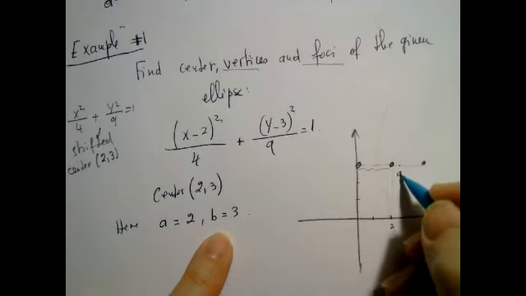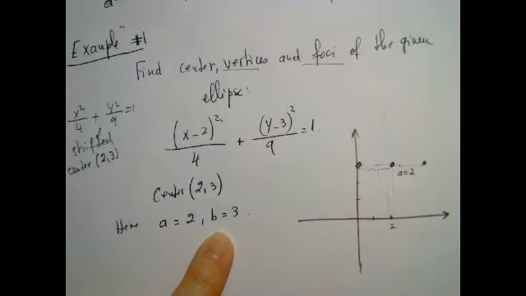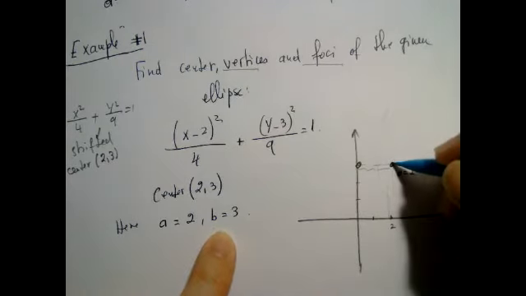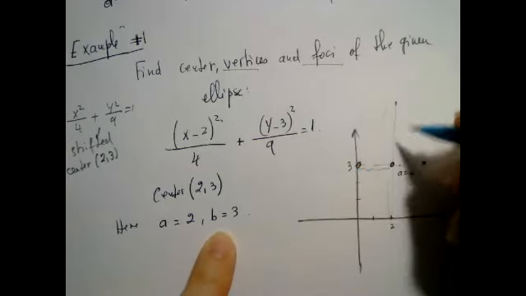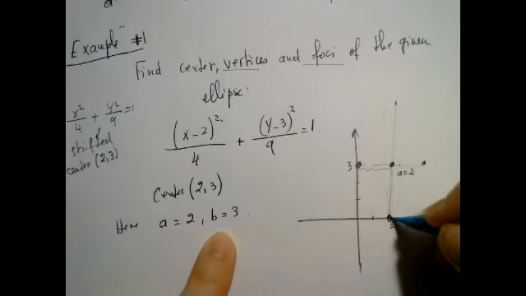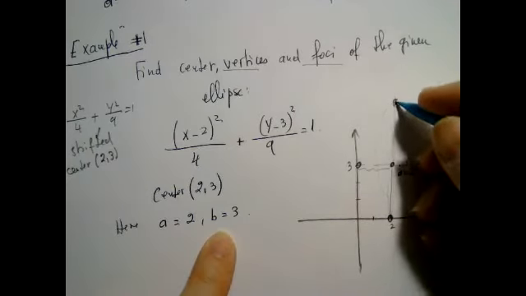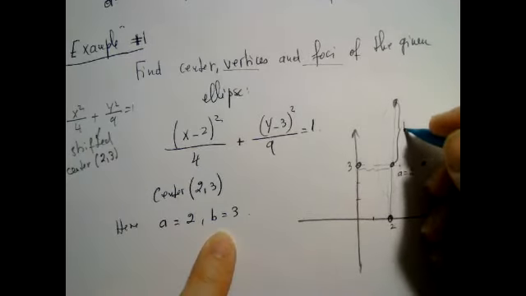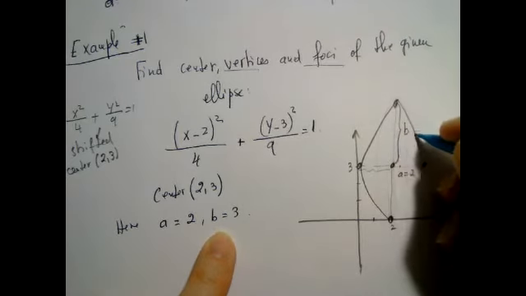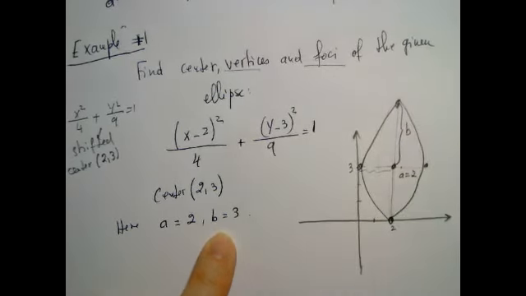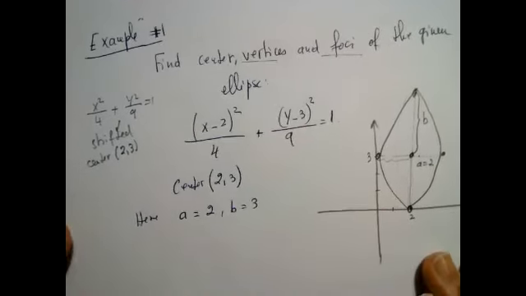This is my a, equal to 2. My b is 3, so I need to go 3 units up and 3 units down. That's the b. So that's my ellipse, basically. This is my a and this is my b, and now we have to find everything else.